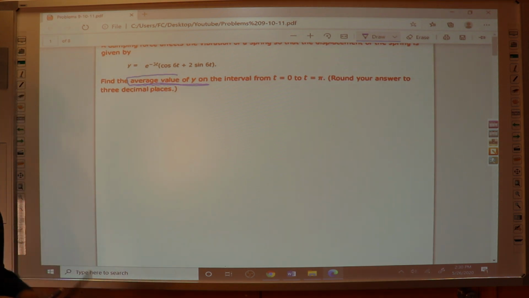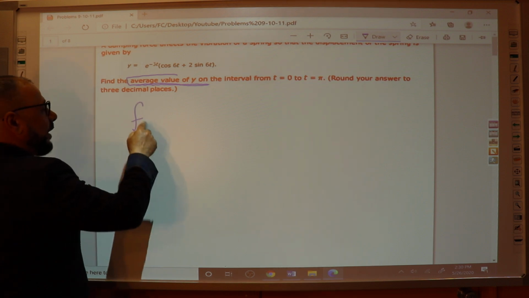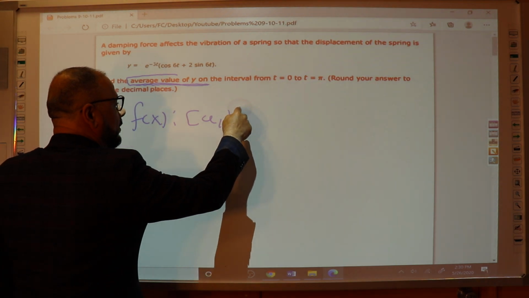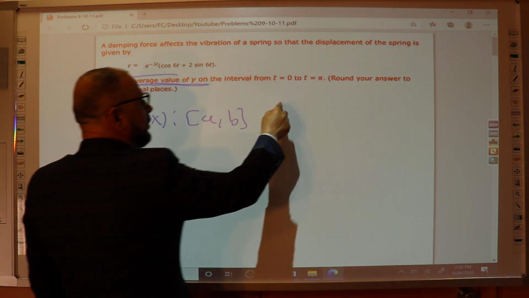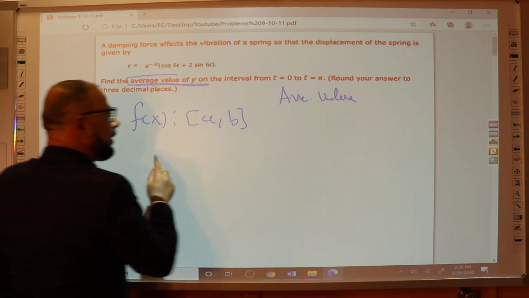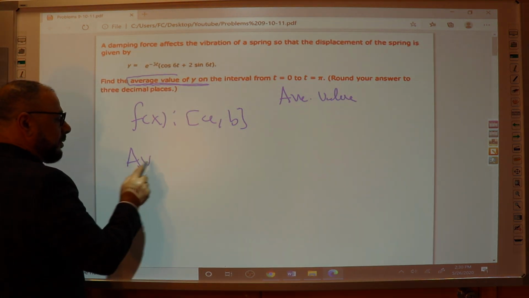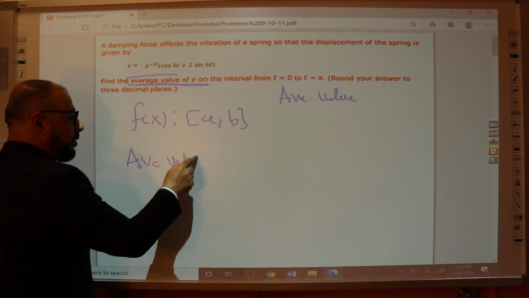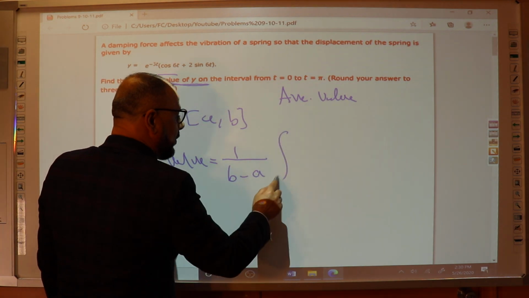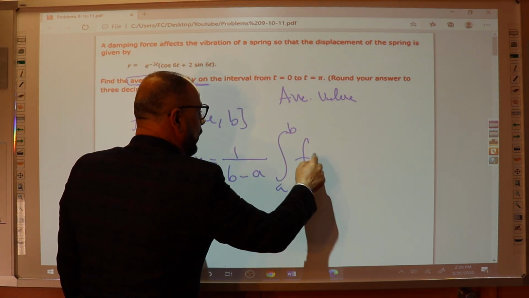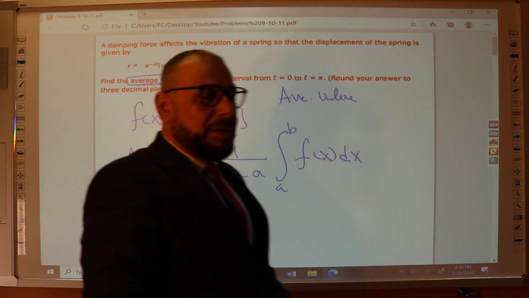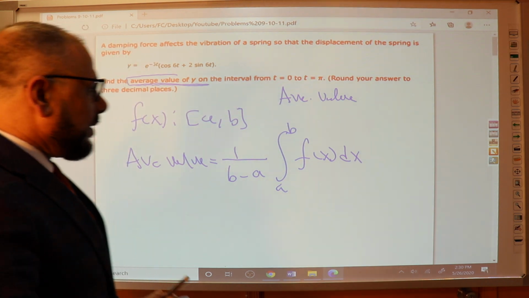The average value of any function f of x defined on the interval a, b, let me call it the average value, is defined as 1 over b minus a times the integration from a to b of f of x dx. Okay. Can you time me 25 minutes? Or maybe I'm going to take more than this time.